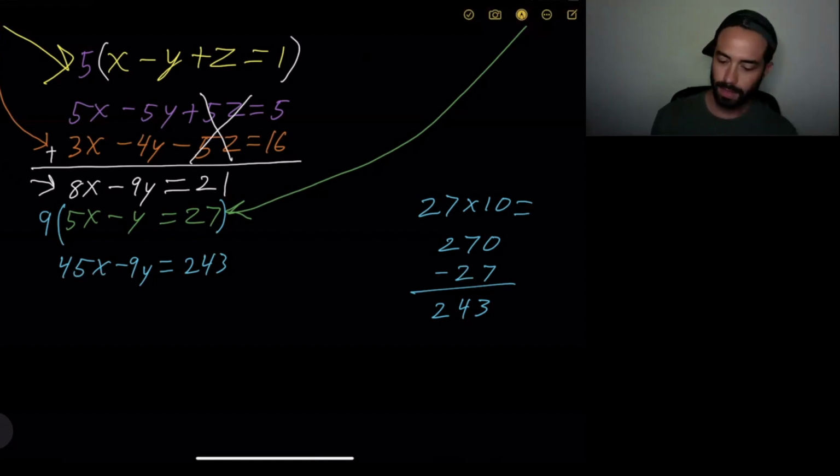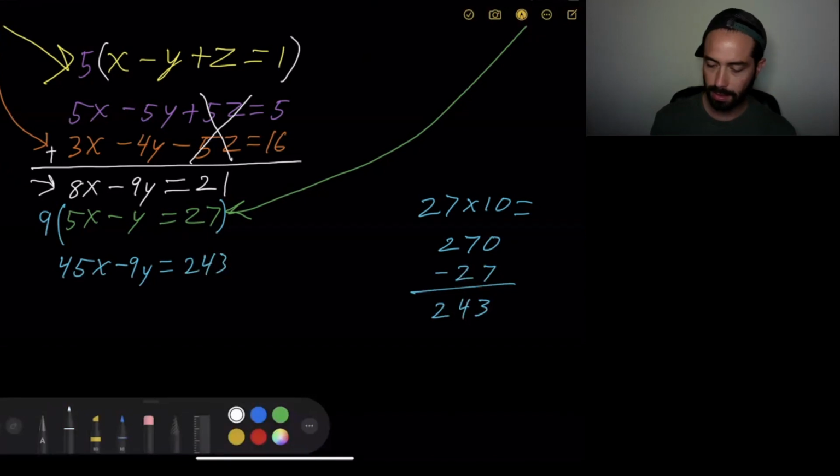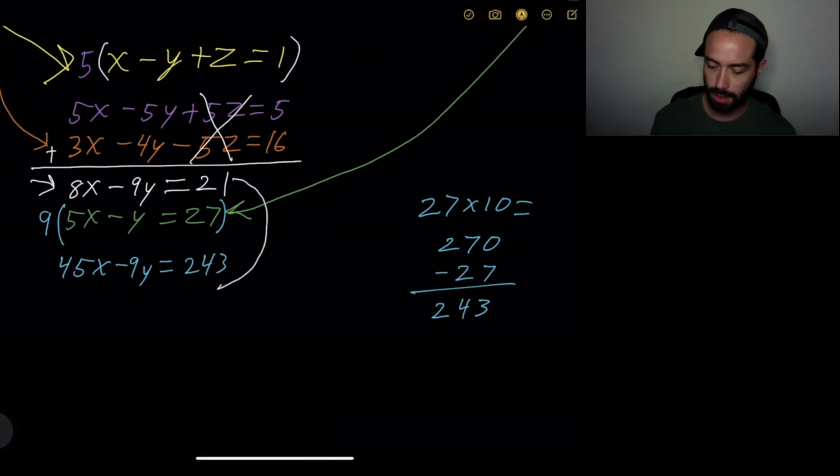Okay, so now, once again, let's bring back the 8x minus 9y equals 21 underneath our new equation of 45x minus 9y equals 243. All right. I know we've got a lot of movement here, a lot of arrows going on.